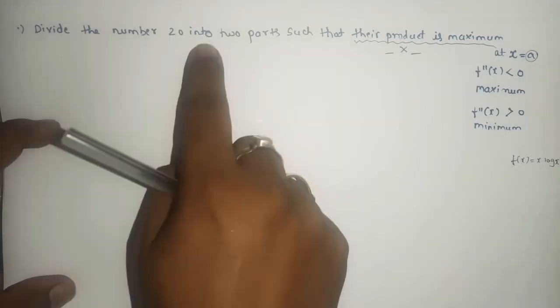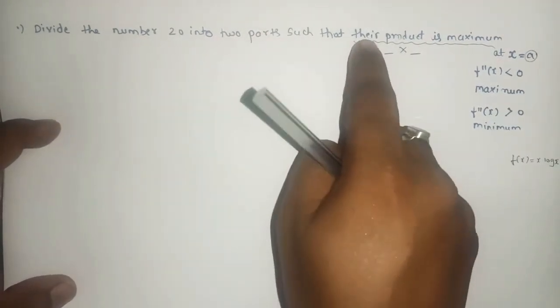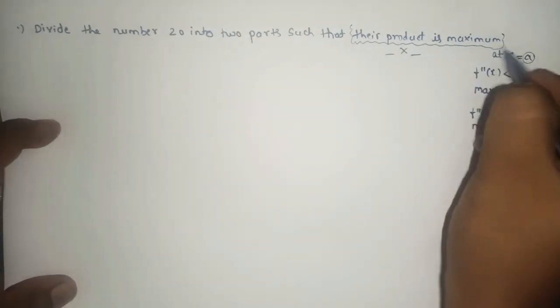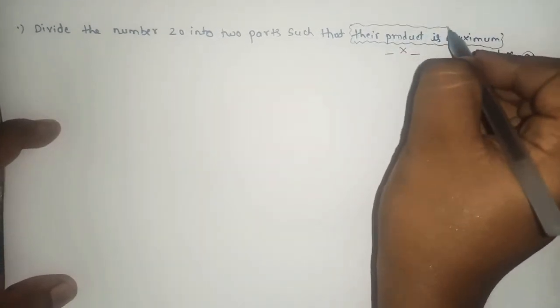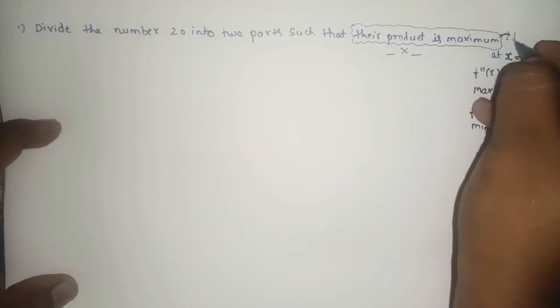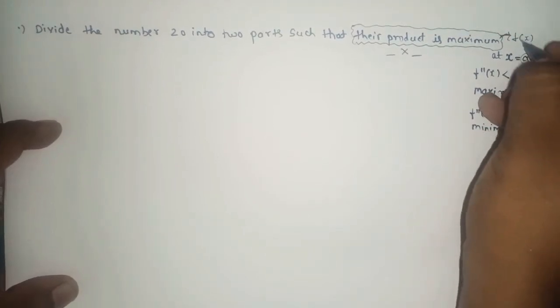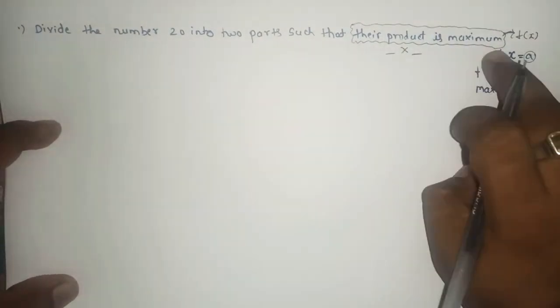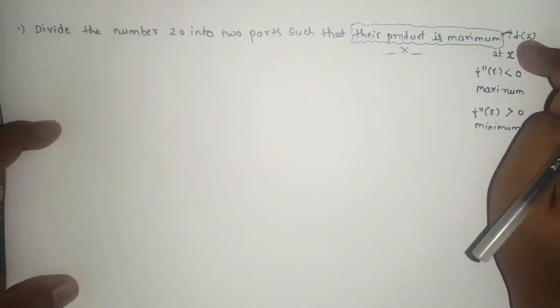Divide the number 20 into two parts such that their product is maximum. So this is the hint, the product is maximum. Remember this, okay? For this part we'll take f of x.